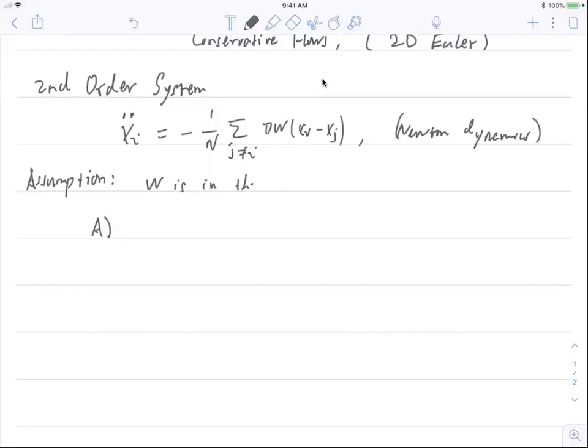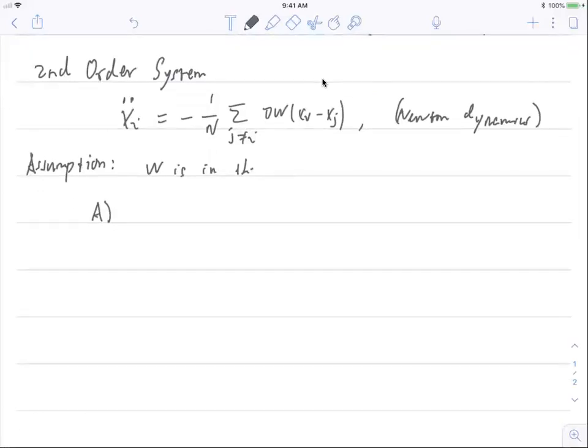In particular, it includes Coulomb type interactions. So omega can be Coulomb, logarithmic, or Riesz type interaction.